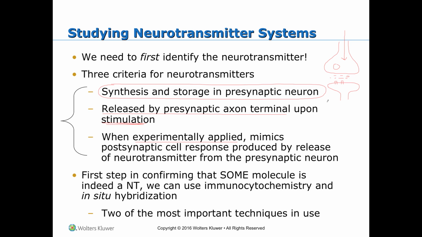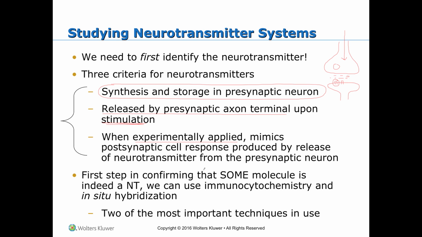So let's say acetylcholine. If I were to take acetylcholine separately and inject it onto a cell, would it have the same postsynaptic cell response? So these are the 3 criteria for what makes a neurotransmitter a neurotransmitter.